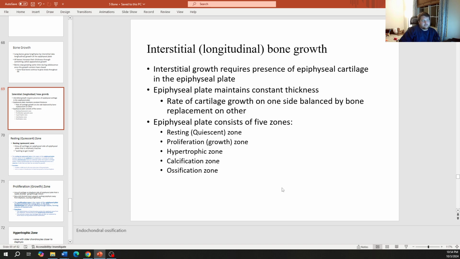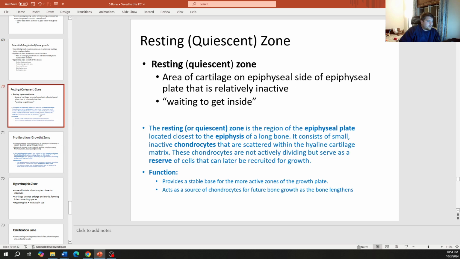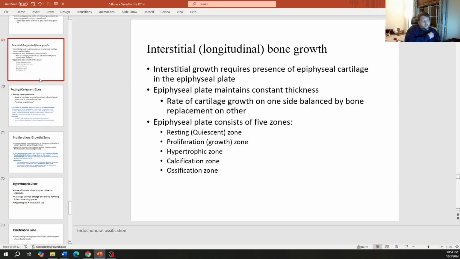When we look at the hyaline cartilage, there are 5 distinct zones. I'm going to fly through these zones. If you have my notes, you can come back and read the specifics on them. But more importantly, it's just knowing the name, roughly what's happening in each one, and being able to identify them.